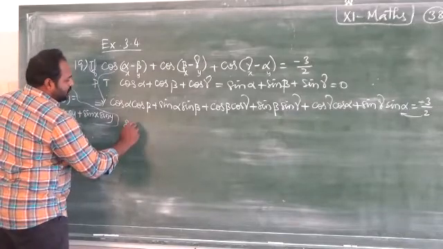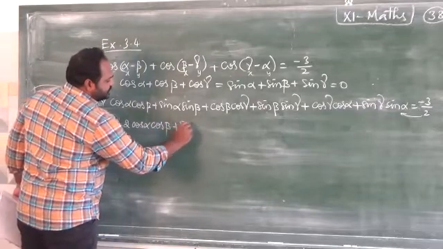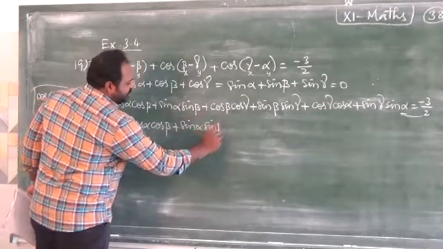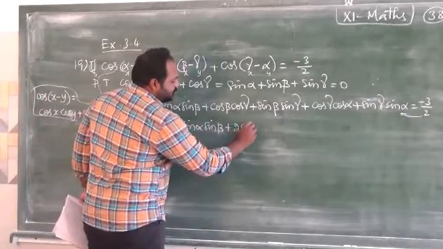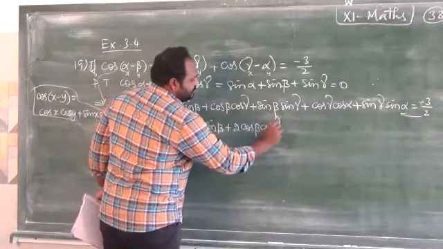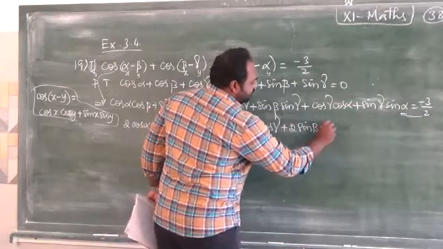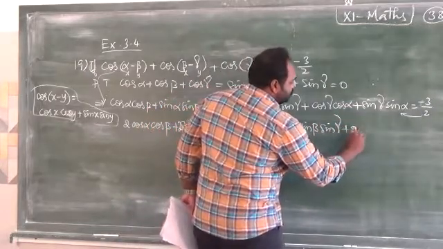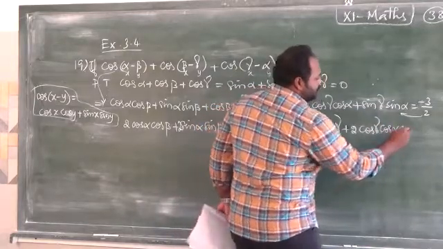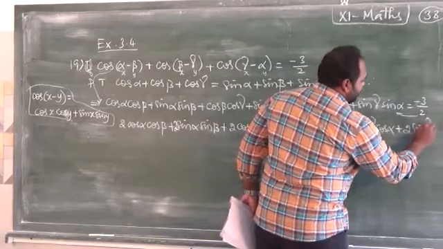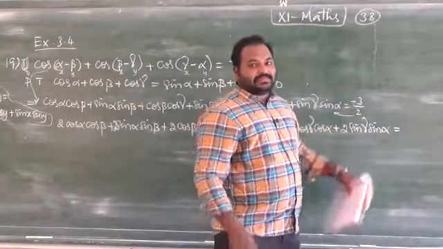So what will happen? 2 into cos alpha cos beta plus 2 into sin alpha sin beta plus 2 into cos beta cos gamma plus 2 into sin beta sin gamma plus 2 into cos gamma cos alpha plus 2 into sin gamma sin alpha equal to, here we have minus 3 on the right hand side.